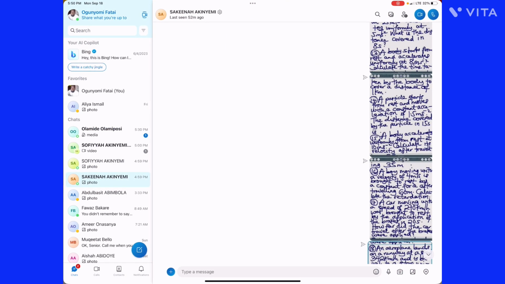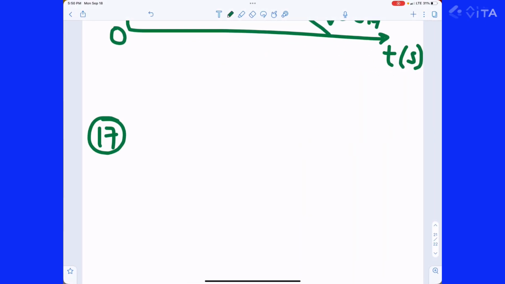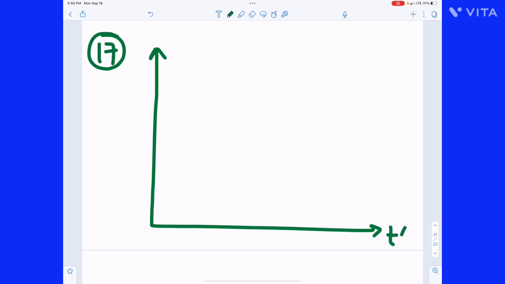Number 17 says a car moving with a speed of 270 kilometers per hour was brought to rest by the application of the brakes in 20 seconds. How far did it travel? Okay, the car was initially moving with a speed, let's draw a velocity time graph, velocity in meters per second.